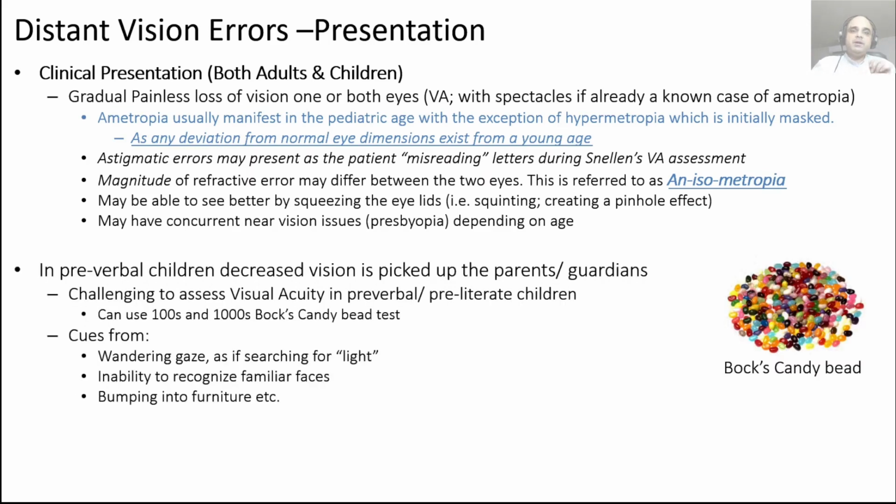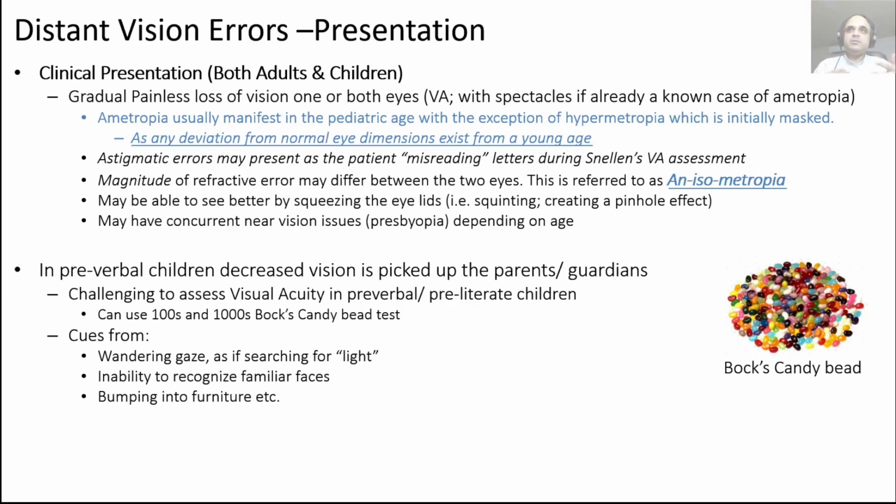The real challenge are pre-verbal children and pre-literate children also, because it's very difficult for them to describe their errors because they can't talk. It's the parent or the guardian that says, look, they don't recognize familiar faces, and the most familiar face is the face of a mother. They seem to be searching for lights. They seem to be bumping into furniture or objects.